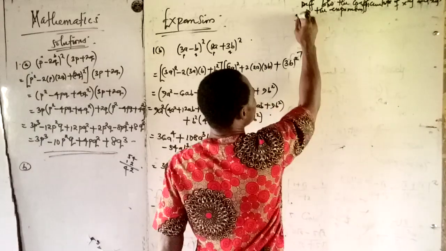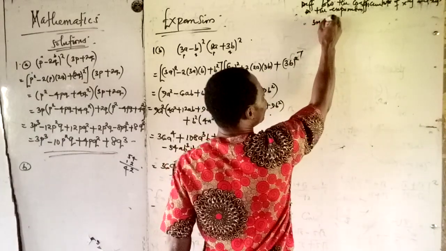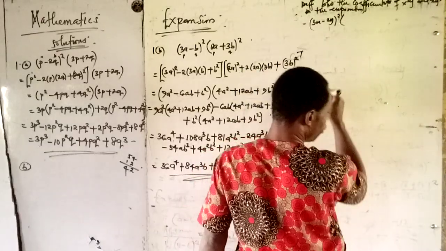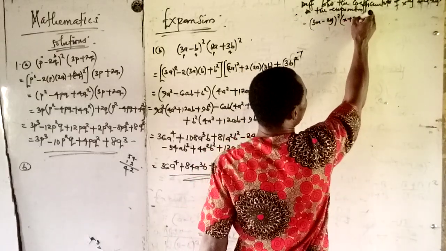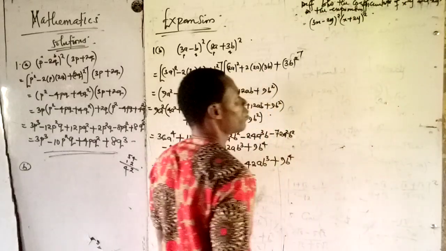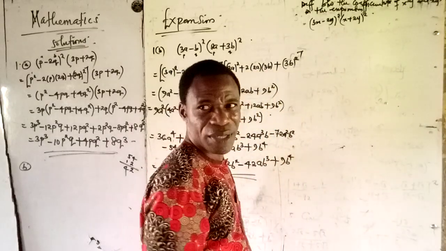This is 3x minus 2y all square, then we have x plus 2y all square in the first place. Okay, now let's start from here.